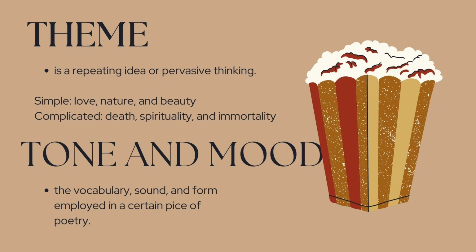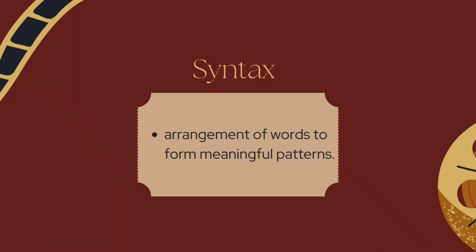Readers must look for the poet's choice of words, metaphorical language, and sound devices to discern the speaker's attitude or tone toward the subject. And the mood is related to the text's impact on the reader. Next slide, please. So the last part of the elements is the syntax.